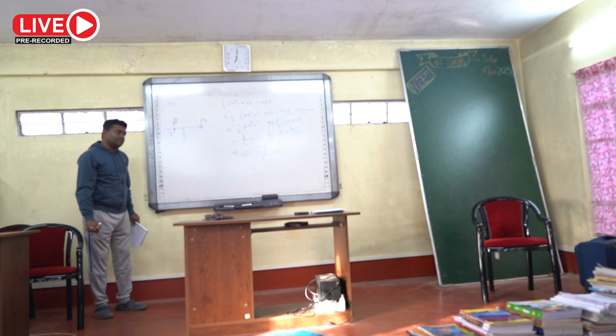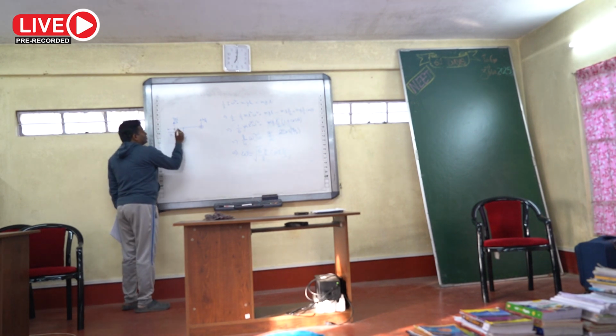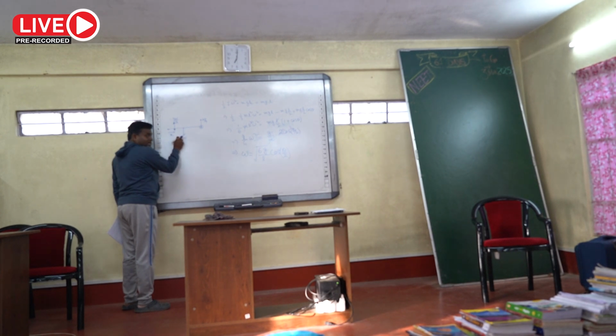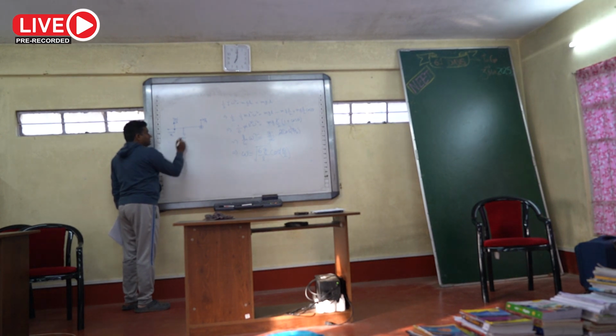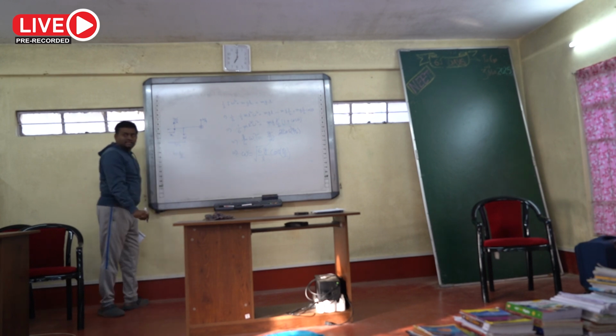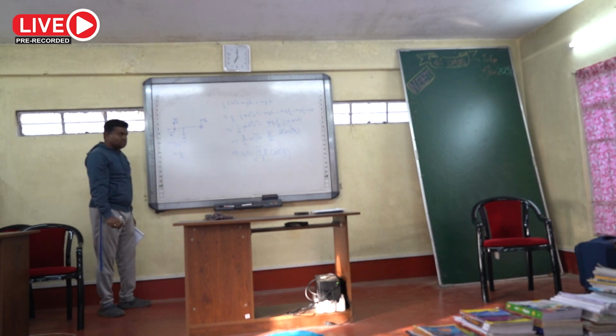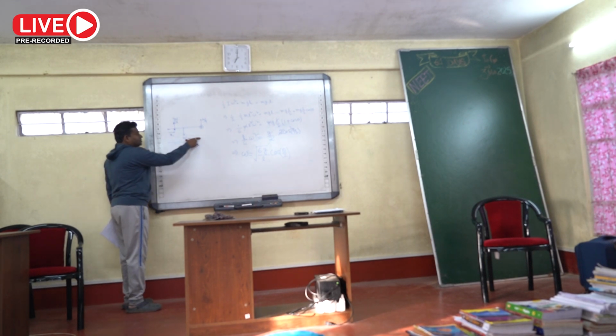That is the condition. So torque of weight about this point will be W into perpendicular distance, that is L by 2, because this is L by 2, so the remaining distance is L by 2.